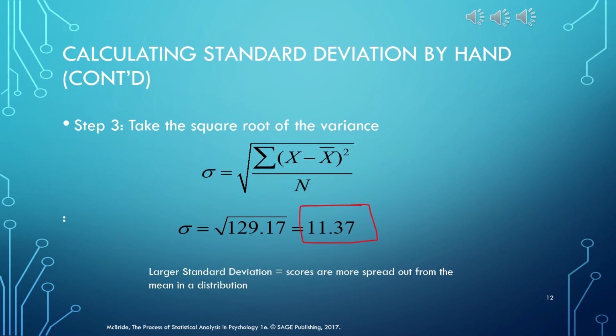So thinking about this conceptually, right? The mean exam score was 75. The standard deviation is 11.37. So what that means is that a lot of students scored within basically 11.5 points of the mean. So a lot of students scored between, what would that be? 75 plus 11 is 86.